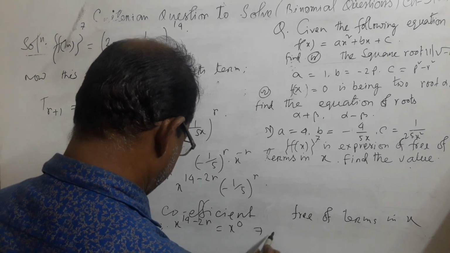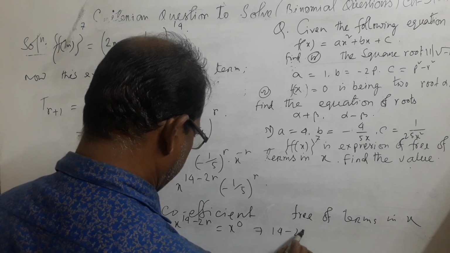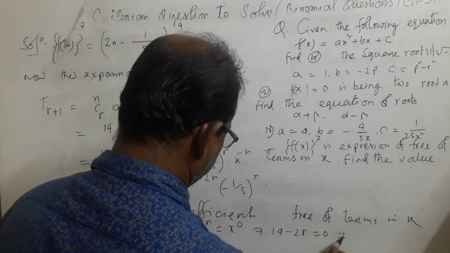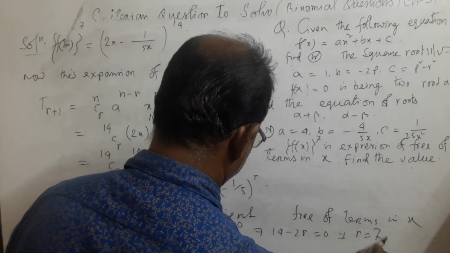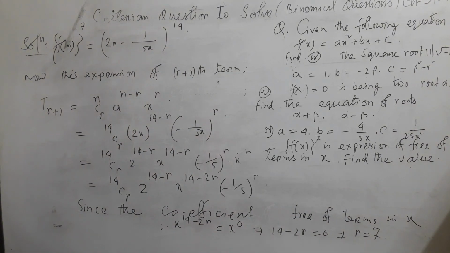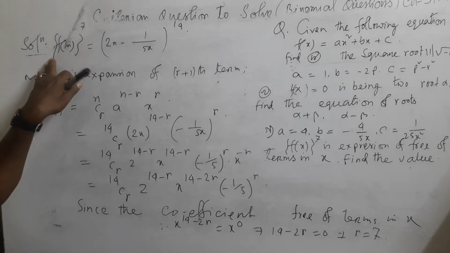So that implies 14 minus 2r equal 0. That's why r equal to 7. R equal to 7. So you have to practice and watching.